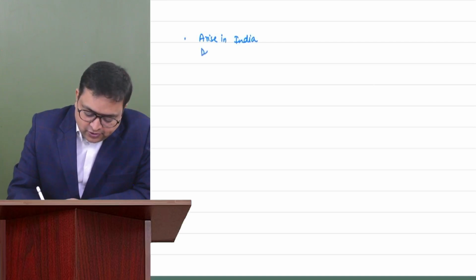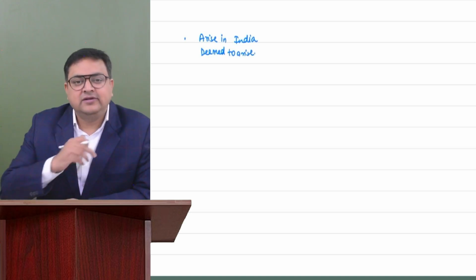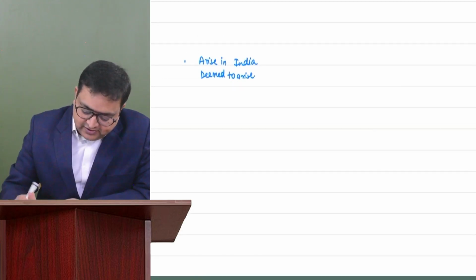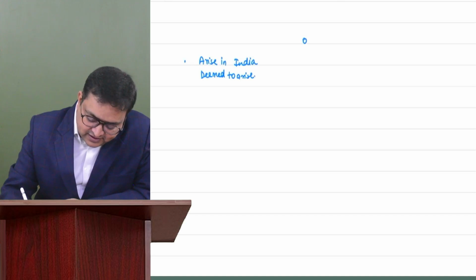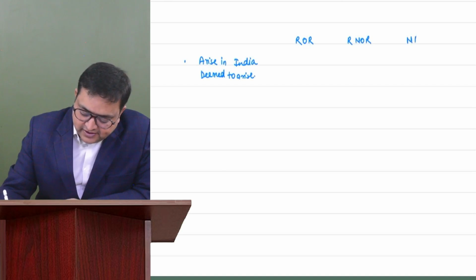See, always remember that any income which arises in India, whether arising in India or deemed to arise in India, is always taxable, whether the assessee is ordinary resident, resident but not ordinary resident, or non-resident.